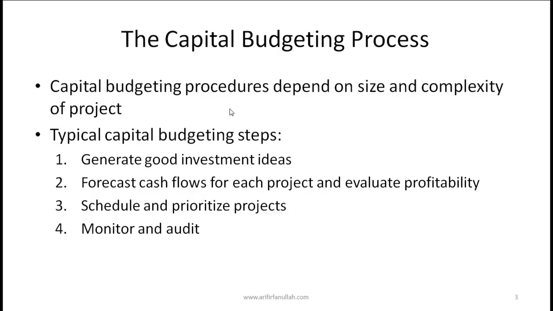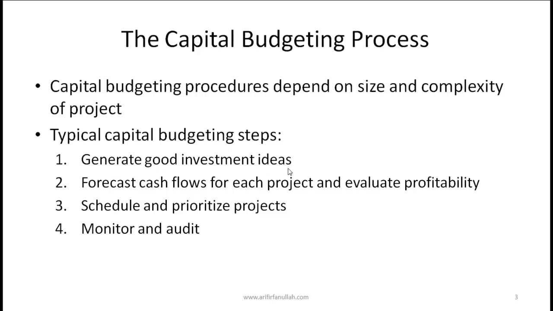So what is the capital budgeting process? First of all, capital budgeting procedures depend on the size and complexity of a project. The typical steps used in this process are as follows. Number one, a company needs to generate good investment ideas.